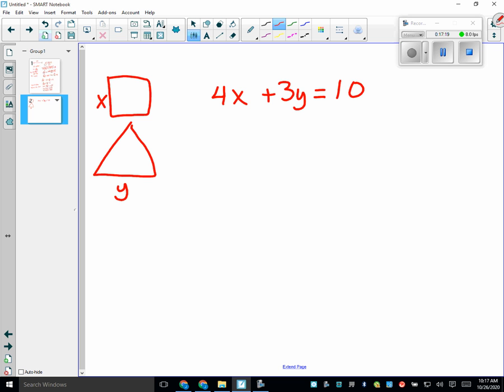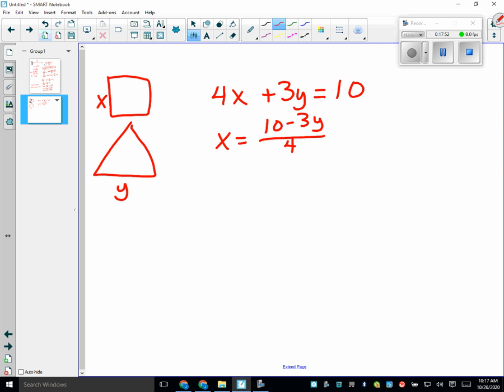I need to solve for one of the letters. I'm going to solve for x. So is x equal to 10 minus 3y over 4? Now the hard part.